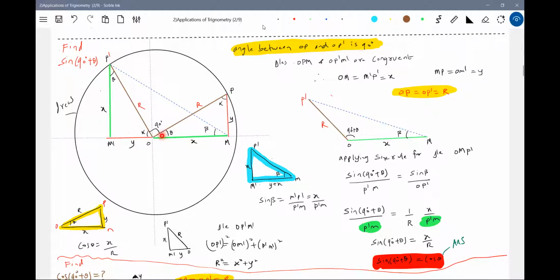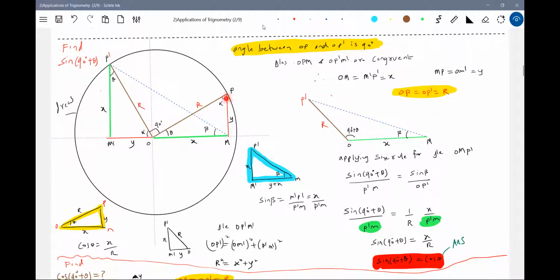Let me first define the angle here. In this triangle POM, the angle made by PO with the horizontal, let it be theta. Agree? Then let this rotate through an angle of 90 degrees. Then OP dash will become perpendicular to the earlier position of OP.